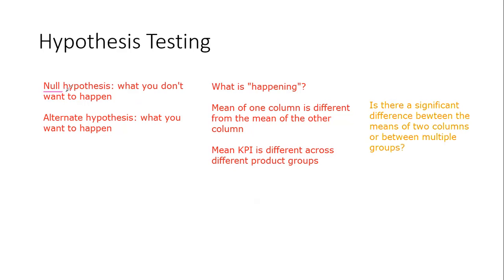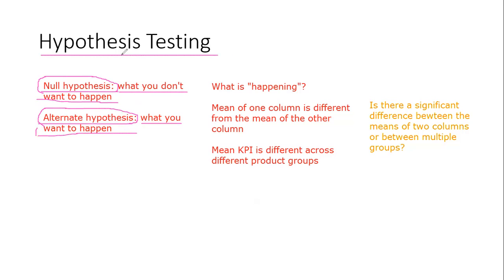One is that you need to declare a null hypothesis. Null hypothesis could mean that the means of the two columns are the same. There is no difference. Okay. And the alternate hypothesis, you can claim it as that the means of the two columns are different from each other. Okay, so whenever you do a hypothesis testing, you always need to have a null hypothesis and an alternate hypothesis.